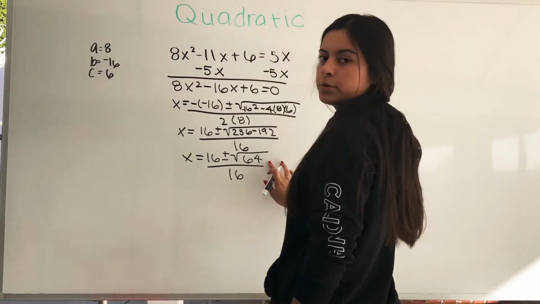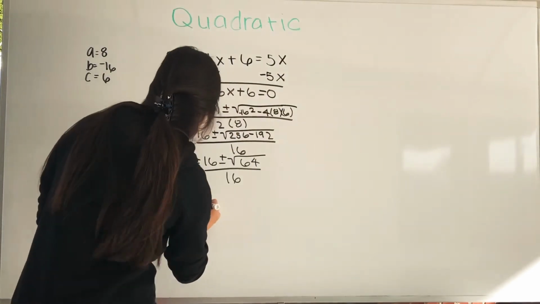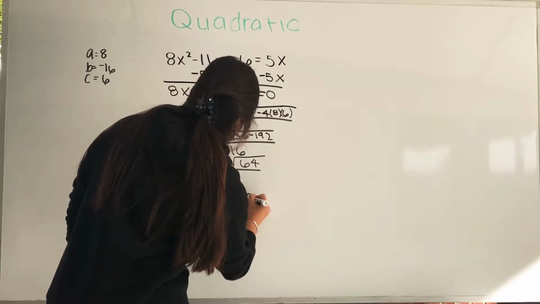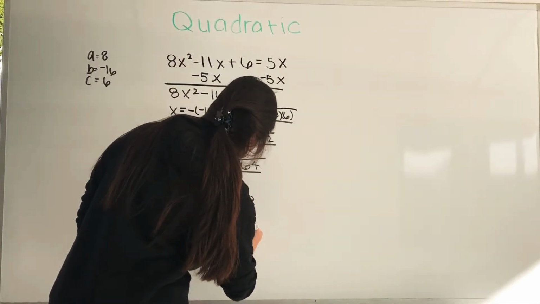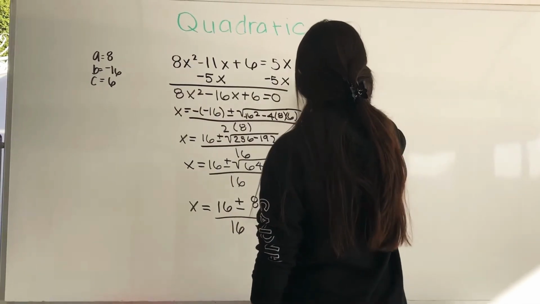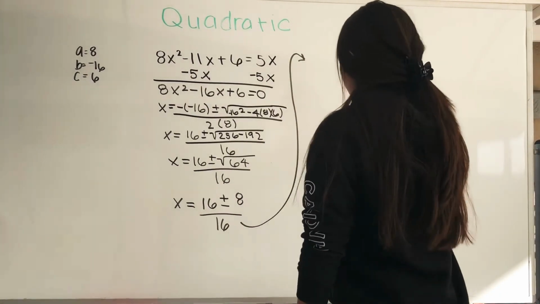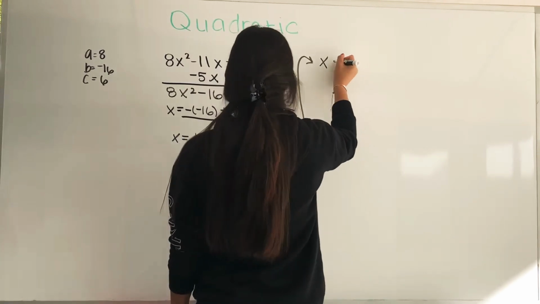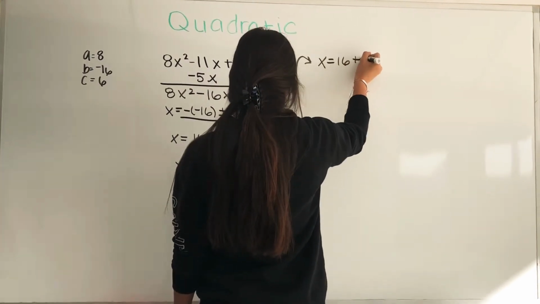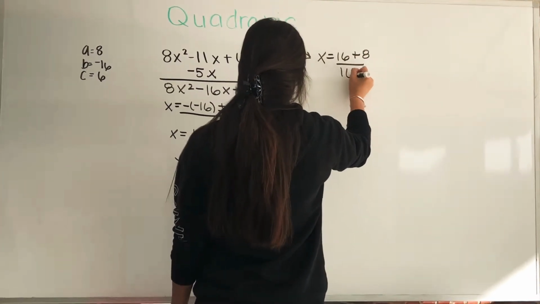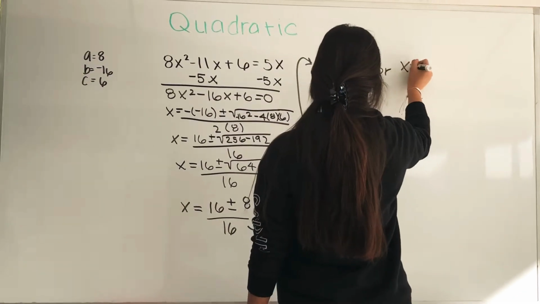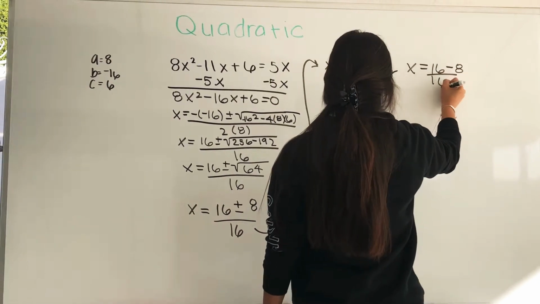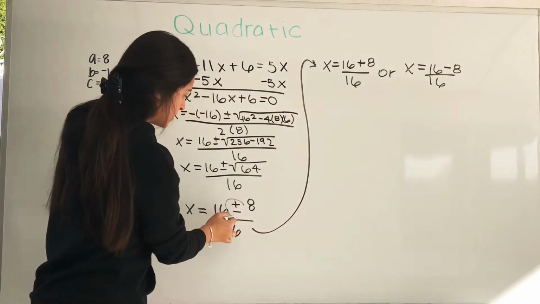And then the square root of 64 can be simplified to 8. So it's a perfect square. Now I'm going to put x equals 16 plus 8 divided by 16, or x equals 16 minus 8 divided by 16. Because of this, the plus or minus.